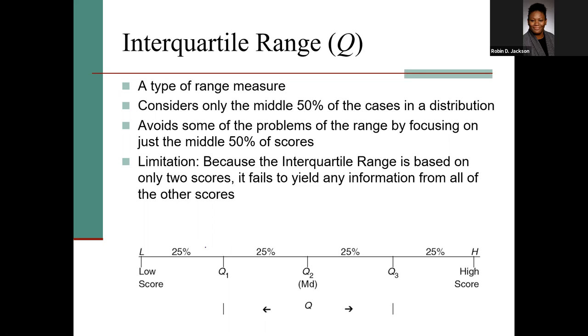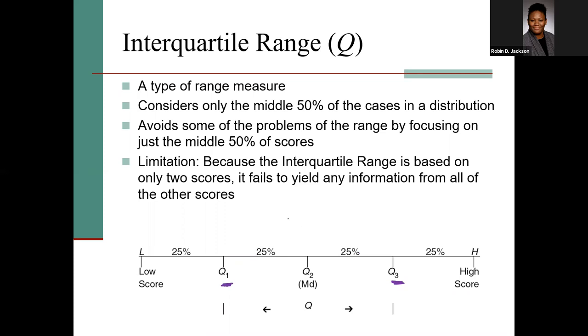The formula for it is formula 4.2 on page 94 of the textbook. It's basically Q is equal to Q3, quartile 3, minus quartile 1. The formula is also on the next slide, so don't worry, you'll see it in a minute.